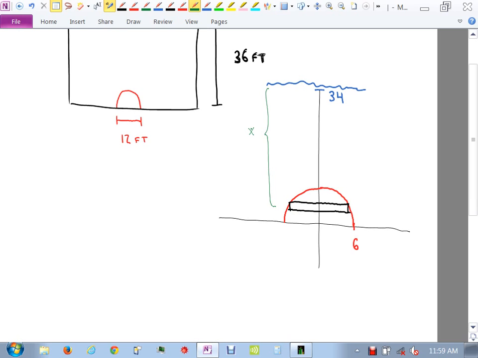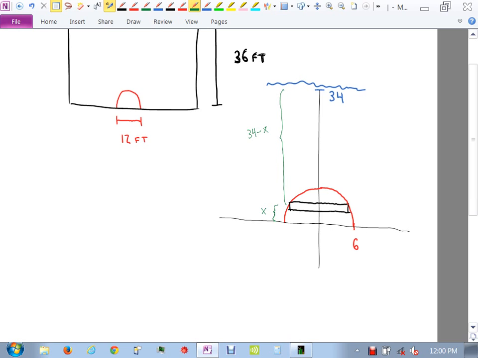So from 0 to there, call that X. This right here is X. And then the distance from here to here would then be 34 minus X. Wouldn't it? Because you need to know the depth in the problem, right? The depth of that little sliver is 34 minus X. But X is the distance from the center of the bottom of the dam up to the rectangle.